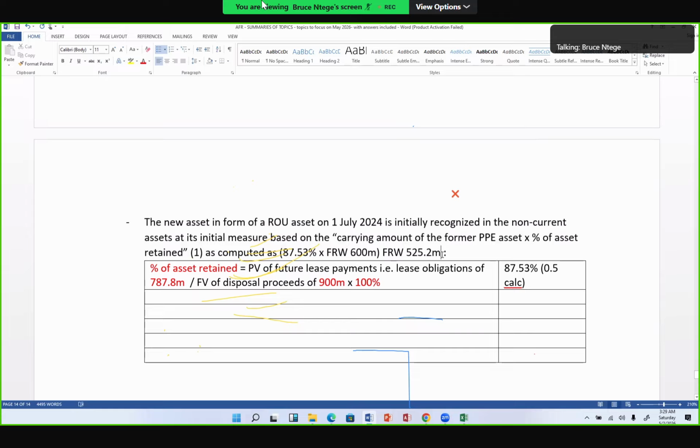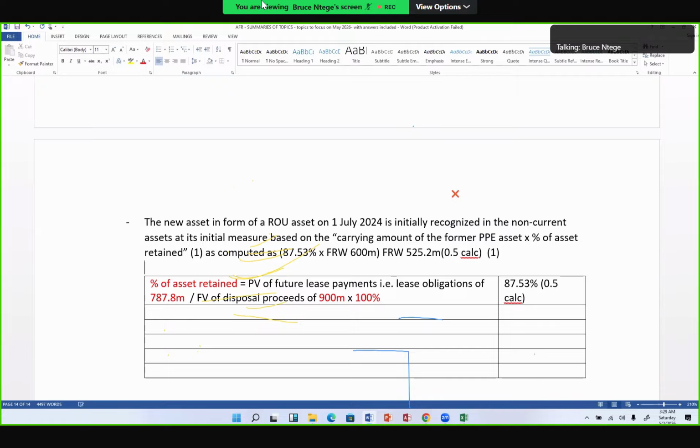So the examiner says that first there's a full mark for the principle. So you have a mark for that statement, but also the calculation of 525 was your own, so there's also half a mark for the calculation. That statement has earned you 1.5 marks. In the process, you've started a working below, and that working is starting to earn you additional marks.